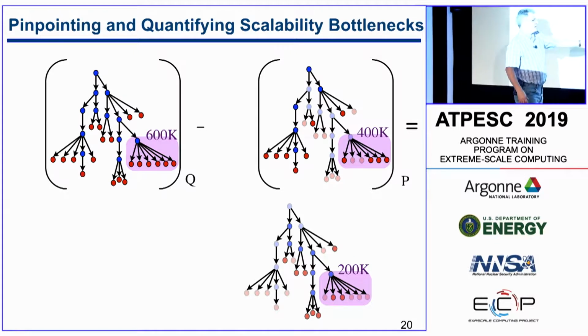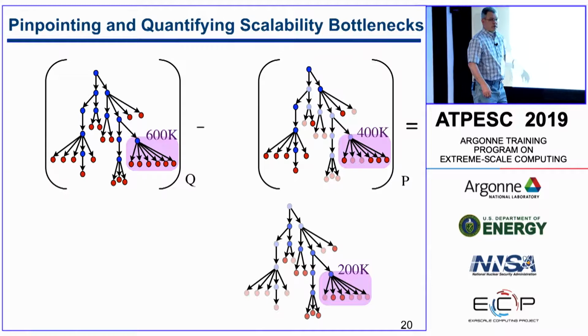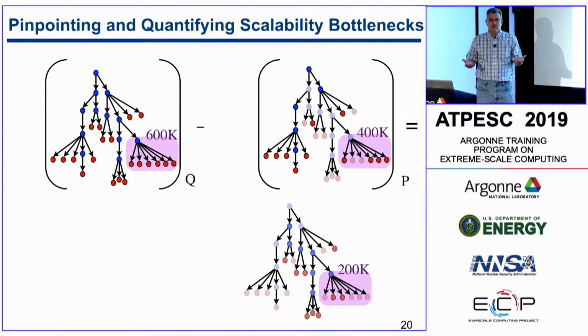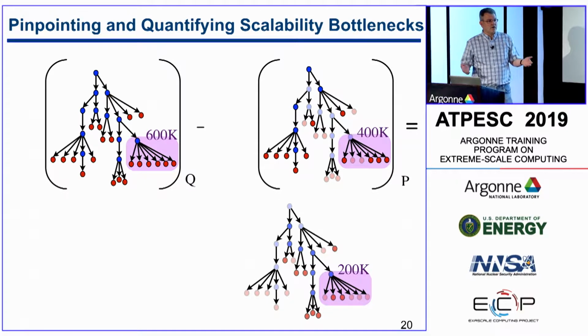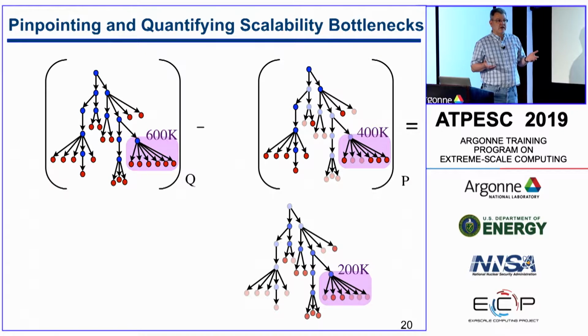We divide the wasted effort by the total amount of effort that we put in. That gives us our fraction of wasted effort. Multiply by 100, that's our percent wasted effort. And this percent wasted effort is actually the same thing as percent scalability loss. With just a little bit of math, we can calculate these scalability losses, and then the tool can show us everywhere where they exist, quantify them, and allow us to find them very readily.